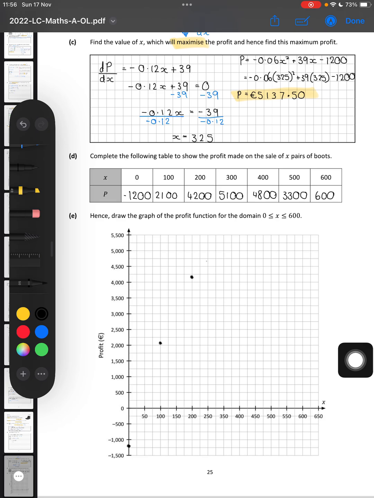About here. Just double checking these. 300. So up from 300, so halfway between 250 and 350. So 300 is 5,100, so up there and across from 5,100.